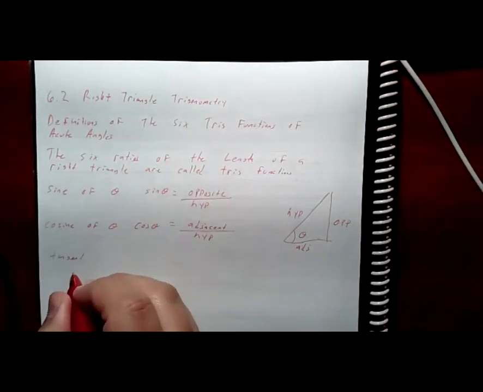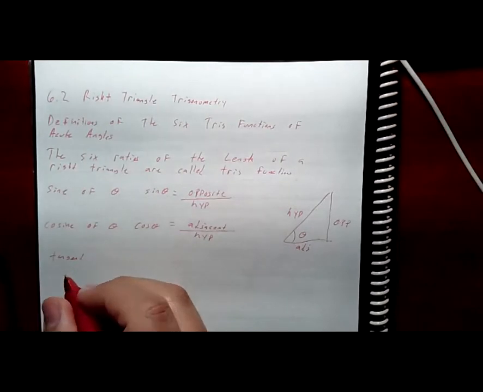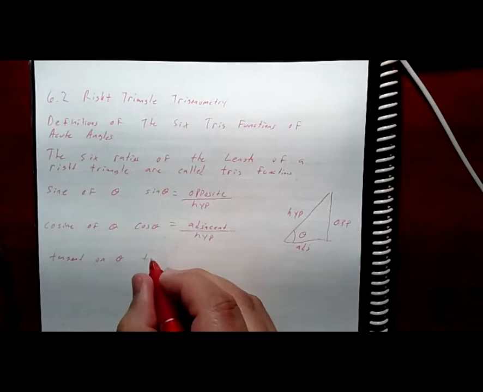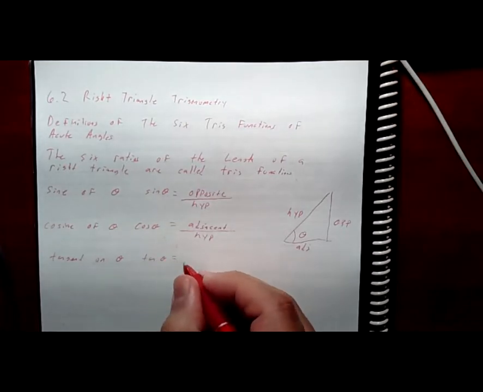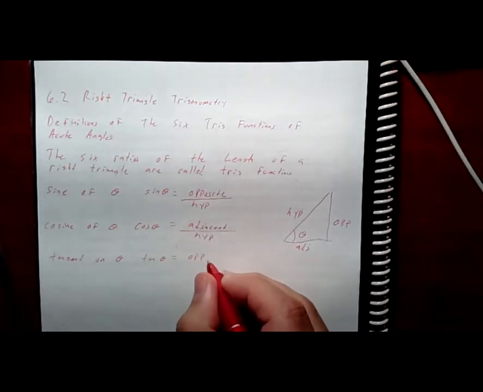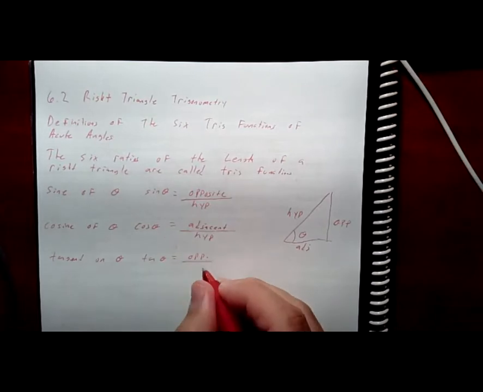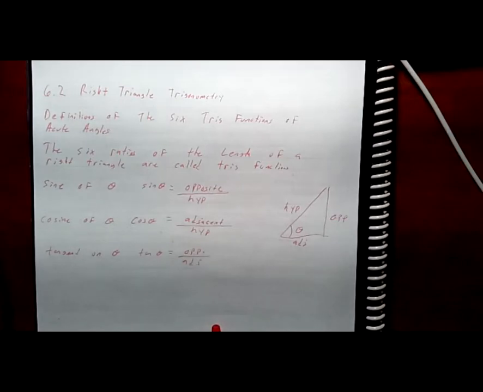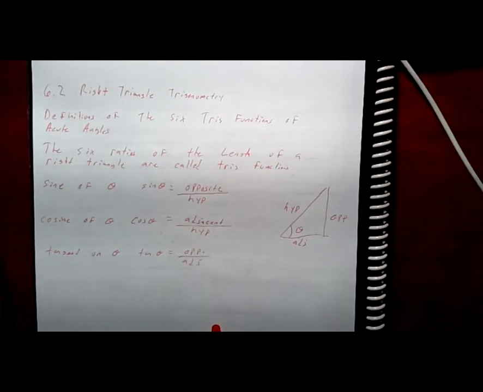Tangent of theta is written as tan theta equal to opposite over adjacent. Okay.